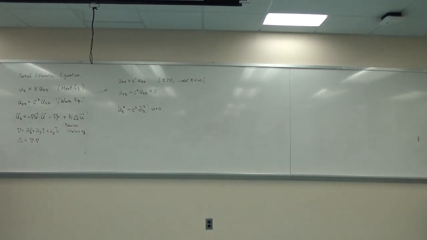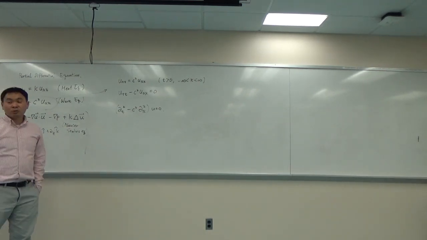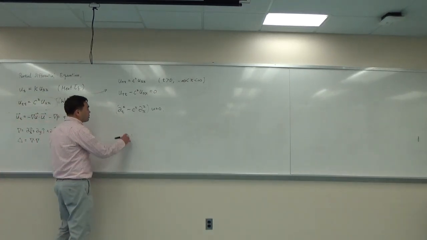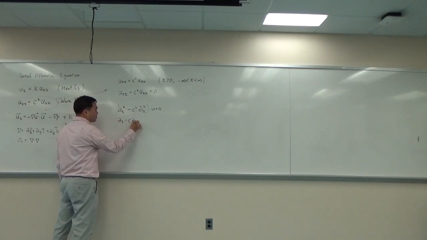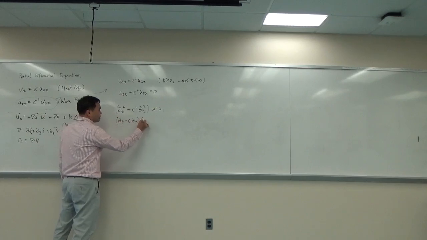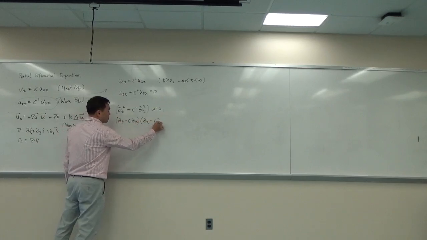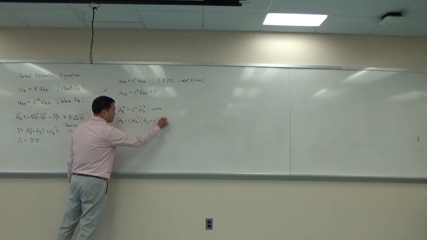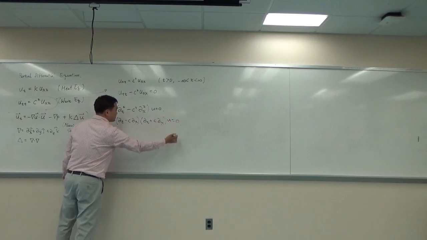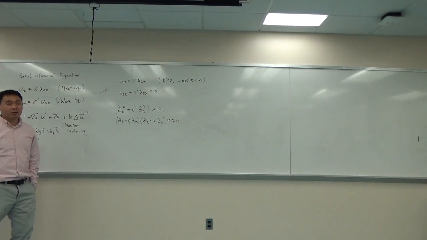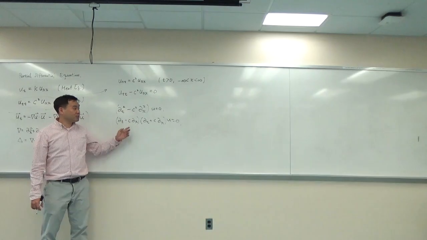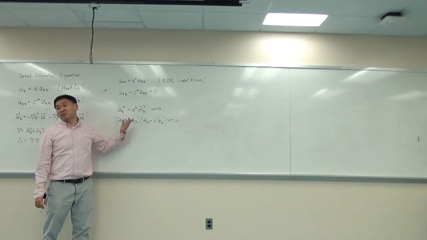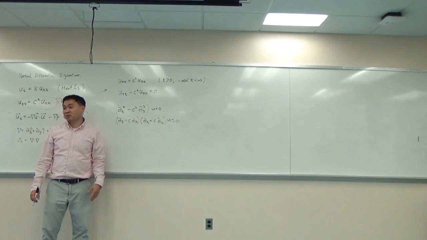Moreover, you can even think of this in a factored form: partial t minus c partial x, partial t plus c partial x, u equals 0. The reason this works is, as I explained, if you only have constants, then you can treat these like polynomials, and it still works.